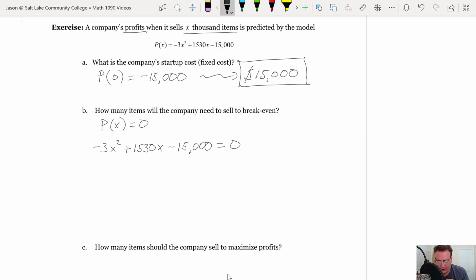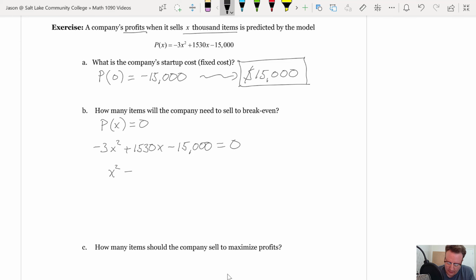I'm going to divide both sides of this equation by negative 3. When I divide every quantity on the left-hand side by negative 3, I get positive x squared.